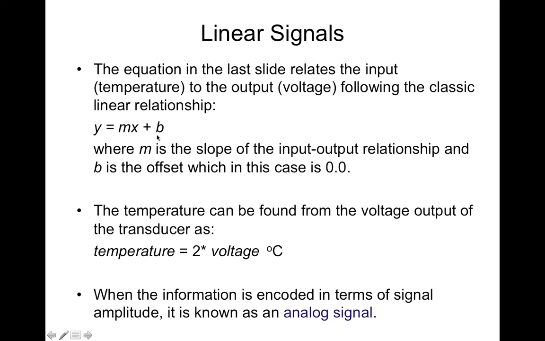Y is mx plus b, where m is the slope of input-output and b is the offset, which in our temperature example could be 0, but doesn't have to be 0. So the temperature can be found from the voltage output by solving the equation or inverting the equation. When the information is encoded in terms of a signal amplitude, it's known as an analog signal.